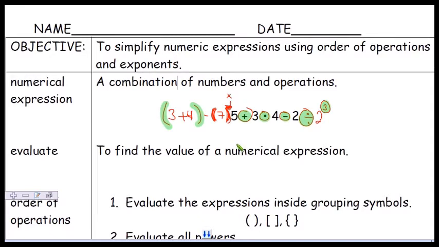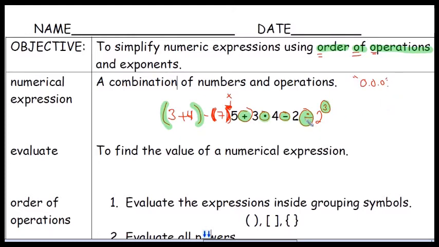I know you probably heard this before in 6th grade, and you probably referred to it as PEMDAS, but PEMDAS is not the correct name for this. The correct name is order of operations, or as I like to call it, the triple O, because there's an O, there's an O, and there's an O. So when I refer to it as the triple O, that means order of operations.